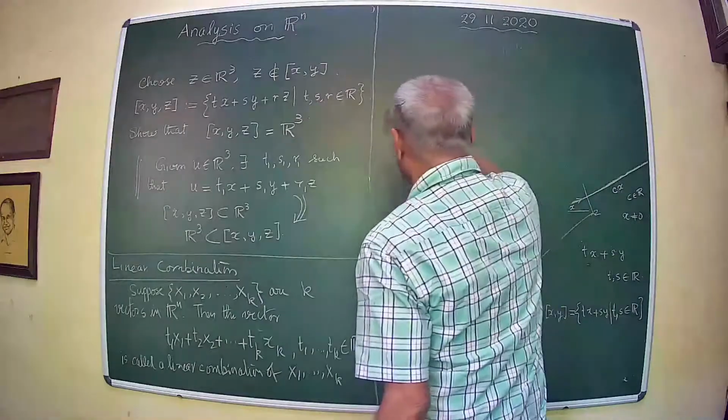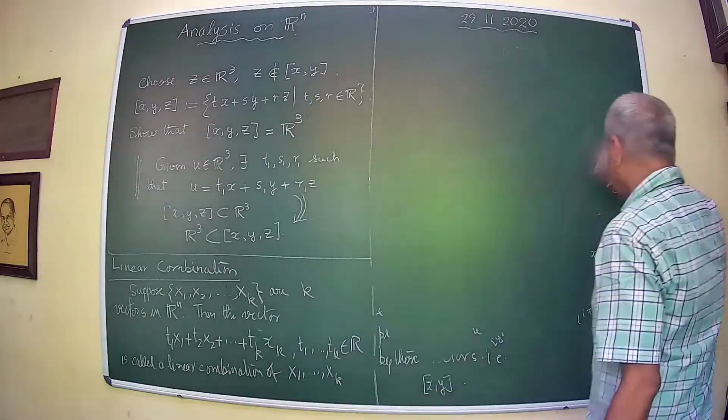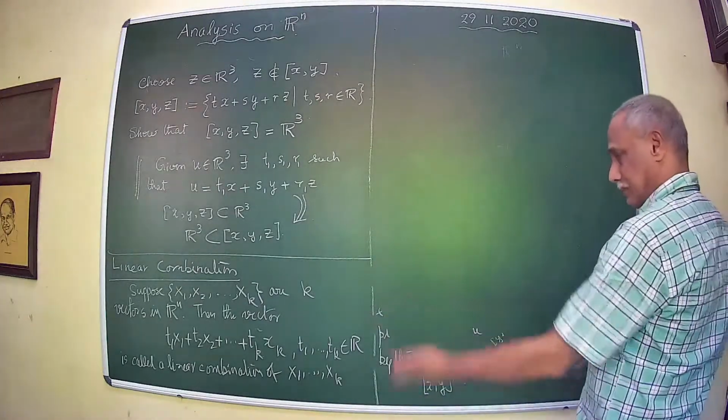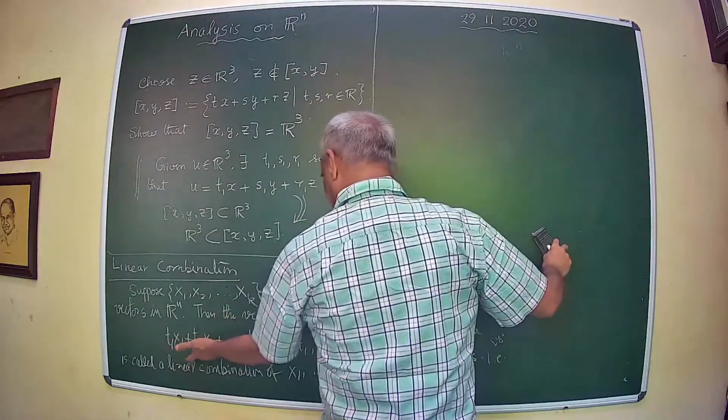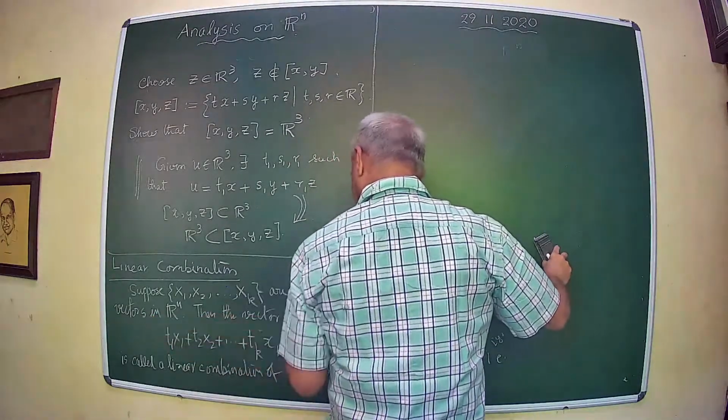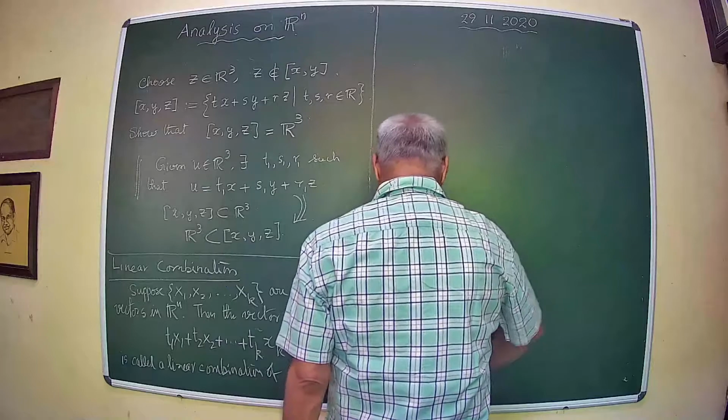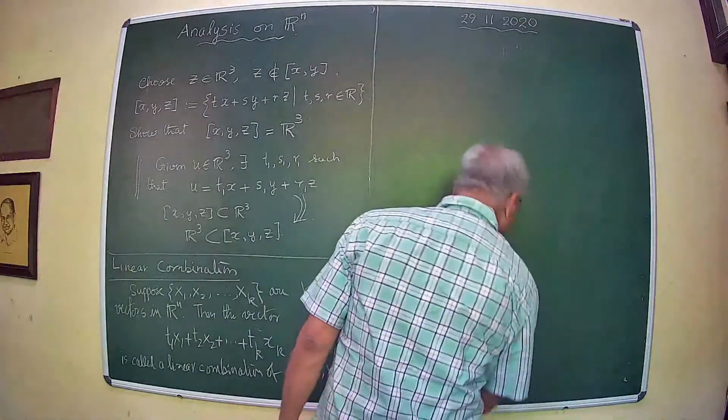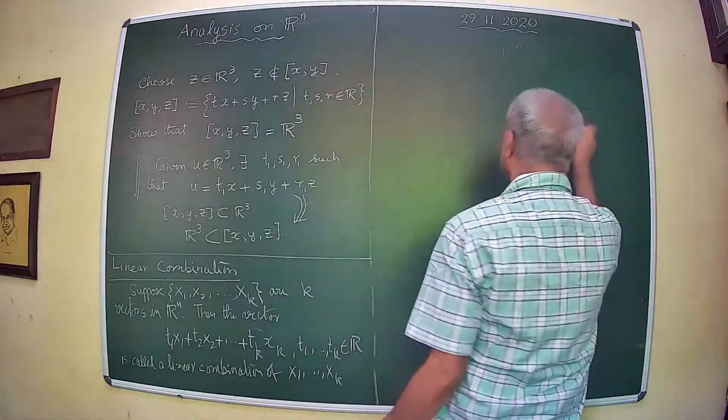if you define this class, because you know that you get a vector, this is a vector, this is a vector, each one is a vector, and the sum of these vectors is again a vector. So you get a vector in Rn.